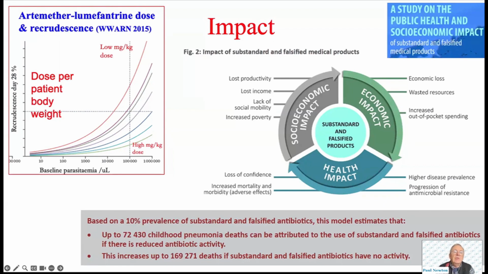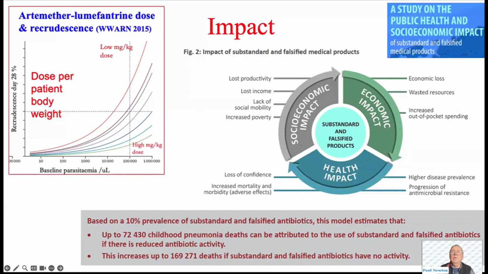And there are natural experiments to help us understand what would happen to patient outcome by using dose per milligram body weight. This is analysis from the WorldWide Antimalarial Resistance Network of Coartem, artemether-lumefantrine, for uncomplicated falciparum malaria, with the outcome as recrudescence at day 28.